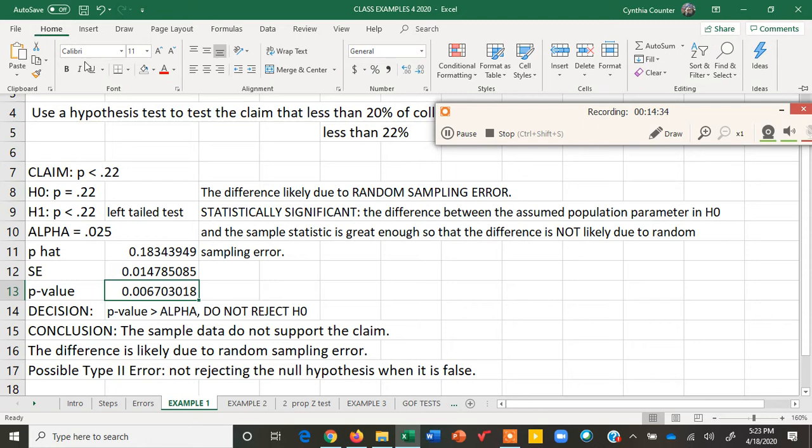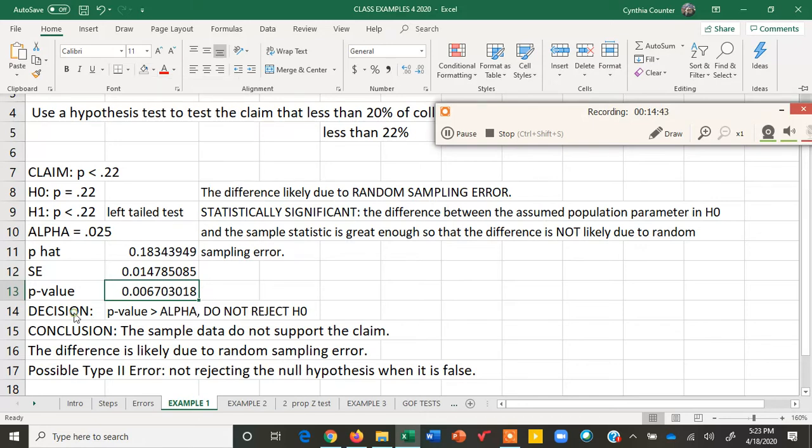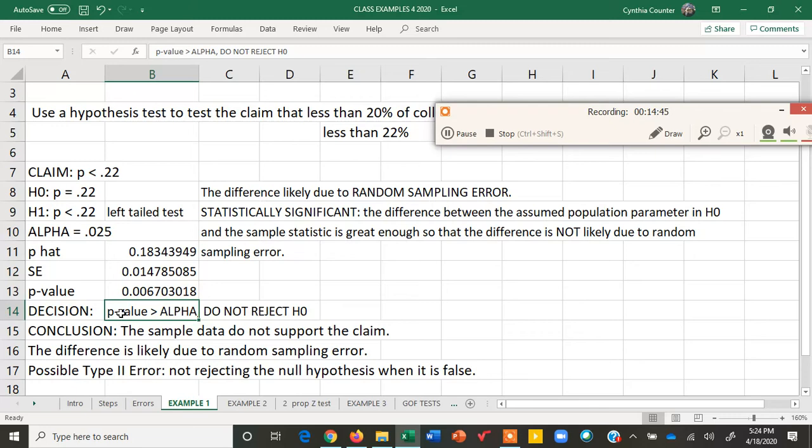Now we have a really small p-value. Before we had a large p-value, now we have a very small p-value. So the decision here, because our p-value is now less than alpha, we reject the null hypothesis, which means we are supporting the alternative. We are supporting statistical significance.